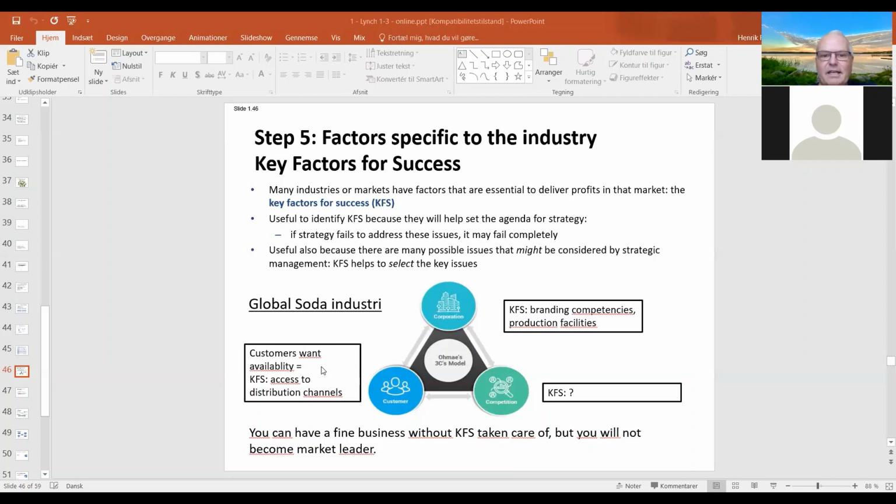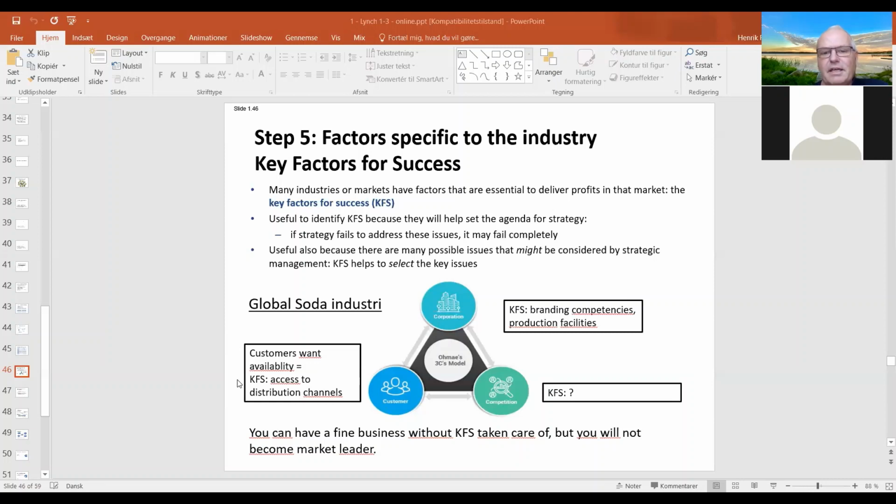Well, it means that if the company does not have access to distribution channels, then we are pretty sure that this company is never going to be a global soda brand. So access to distribution channels is, for the global soda industry, a KFS, a key factor for success.